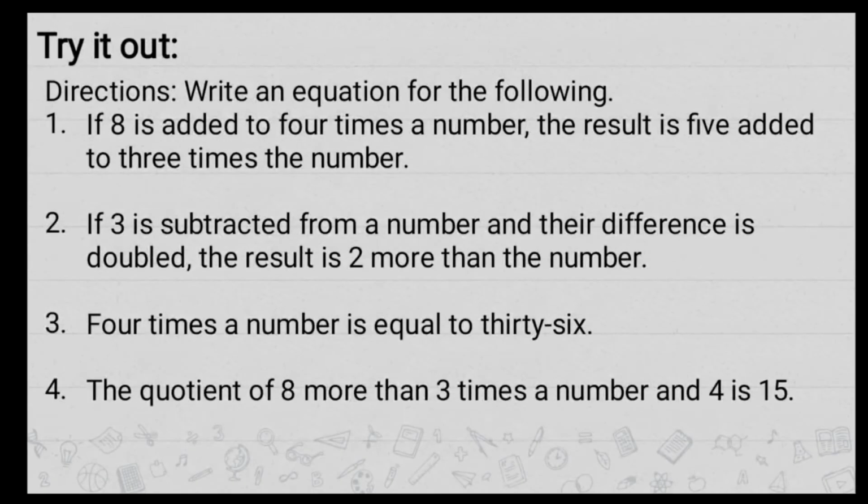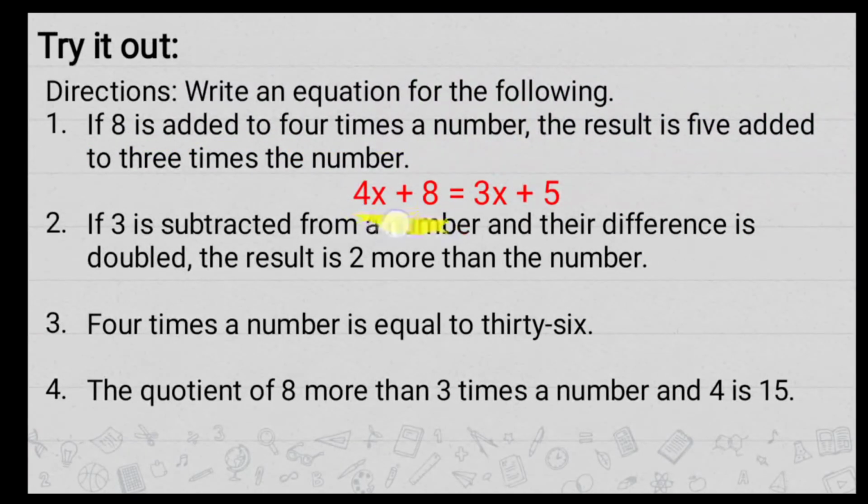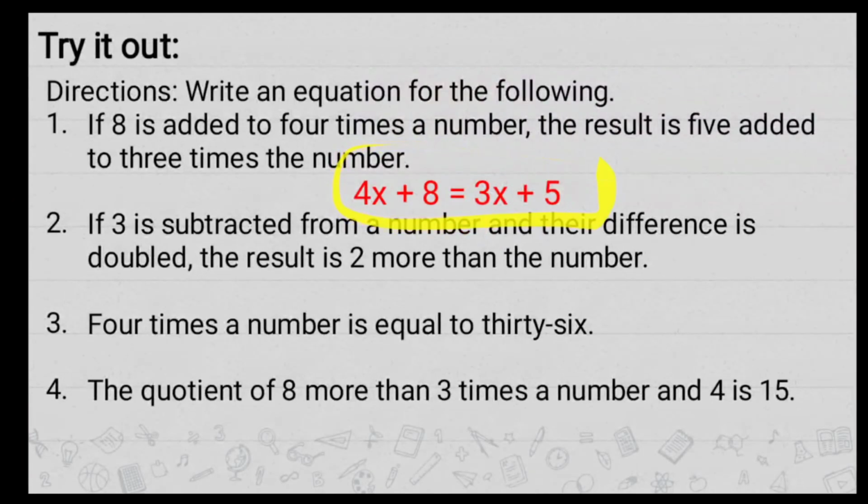Now, I will reveal the correct answers. For number 1, we have 4x plus 8, because 8 is added to 4 times a number. The result means equals 5 added to 3 times a number, so you have to add 5 to 3 times a number. Next, number 2.